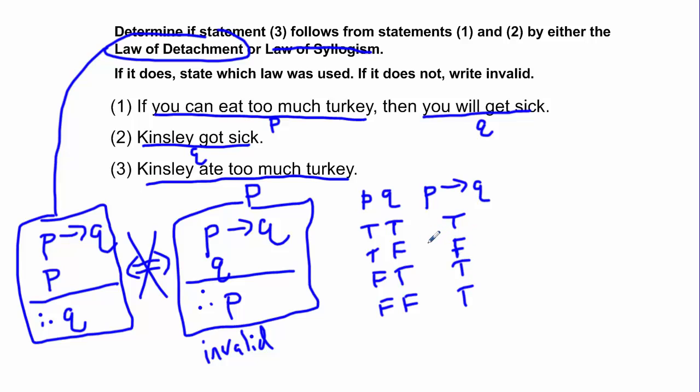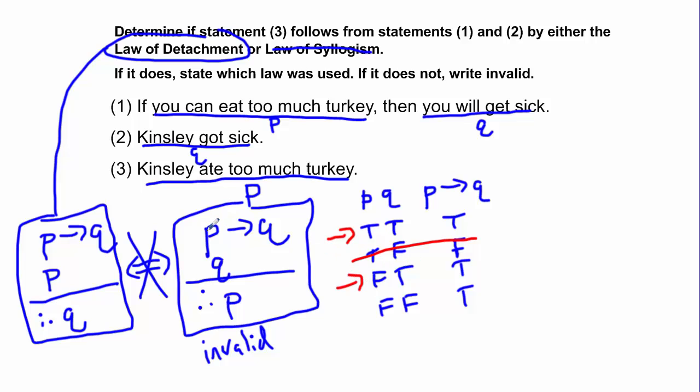So we know that the overall conditional is true, so I can eliminate this situation, right? So it could be any of these cases. Then we're told that the conclusion here, Q, is true, right? Kinsey got sick. That's the Q conclusion of that first conditional statement. So when Q is true, I can see that I have this case here, and I also have this case here.